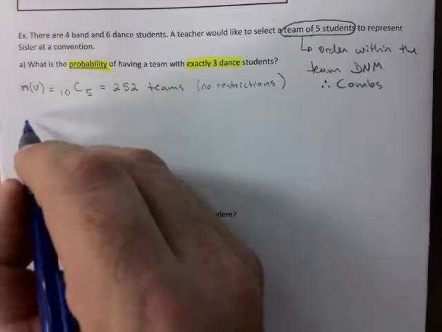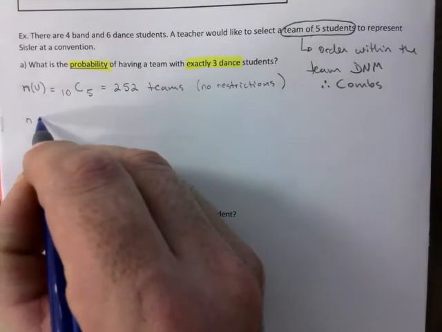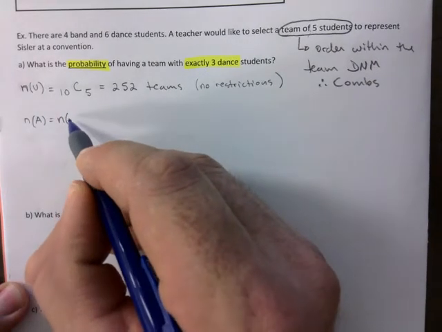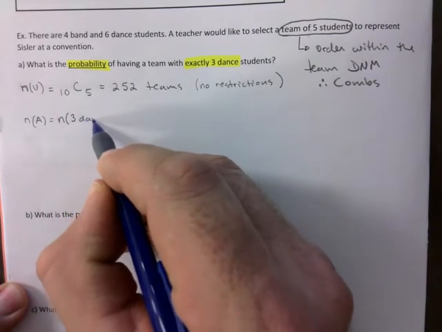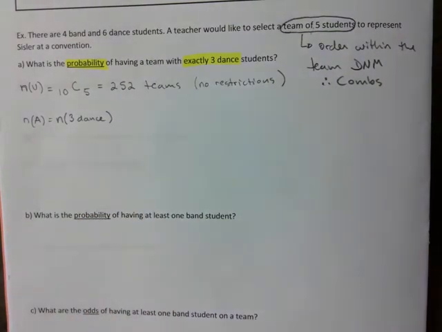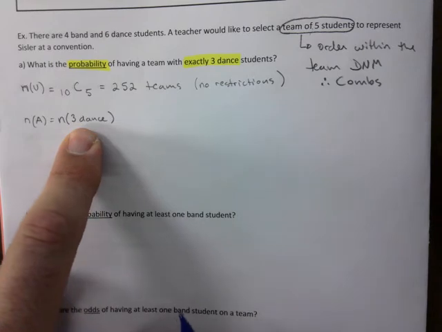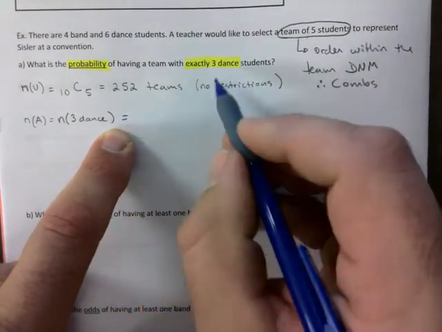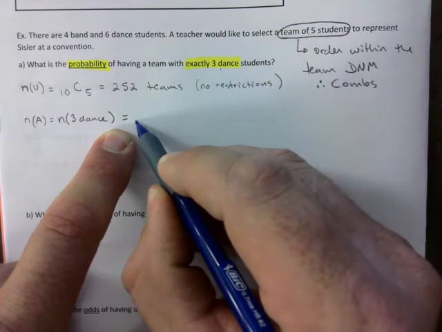And so my N of A is basically N of 3 dance students. I'm just going to write it like that, 3 dance. That's the N of A, the event that I'm looking for. How many of those could I make? That's specific now. That's your favorable outcomes. So I'm going to focus on dance students first.